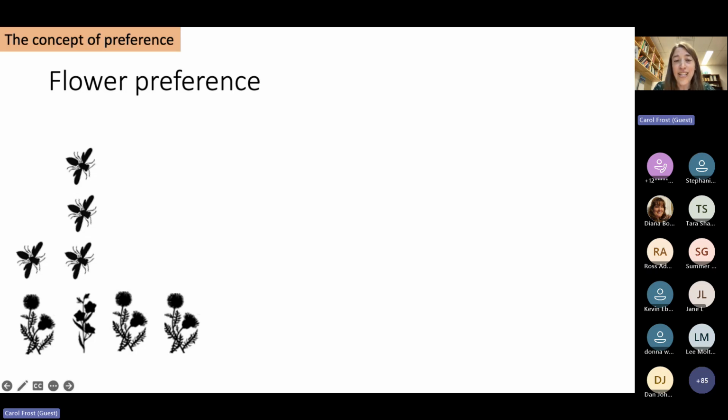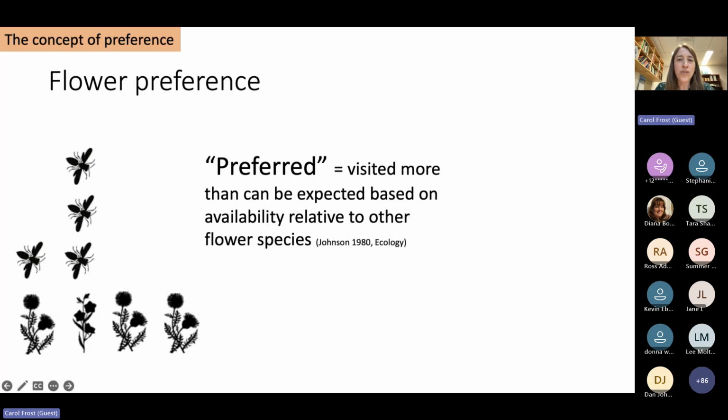The 4 pollinators in the area mostly want to choose that one individual, the species that has only 1 individual. So this suggests a preference on the part of this pollinator for this flower species, because they're selecting it disproportionate to its availability. So this is usually how we conceptualize preference in ecology.